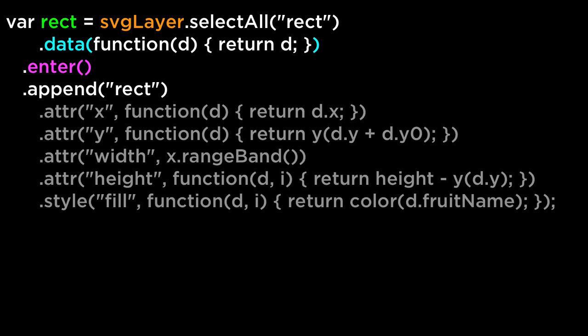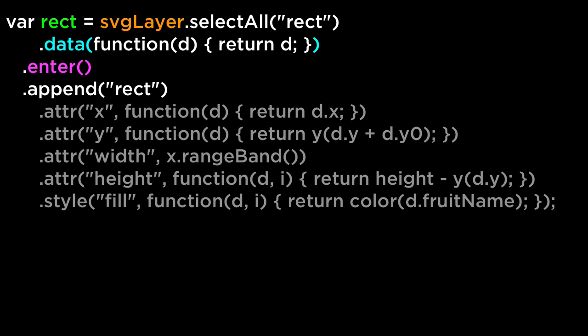We take the SVG layer selection variable from the previous set of code. We then use the D3 pattern to select all non-existent elements. Then we use the data operator to take the data bound to each SVG group element in the SVG layer selection and bind it to a temporary selection.